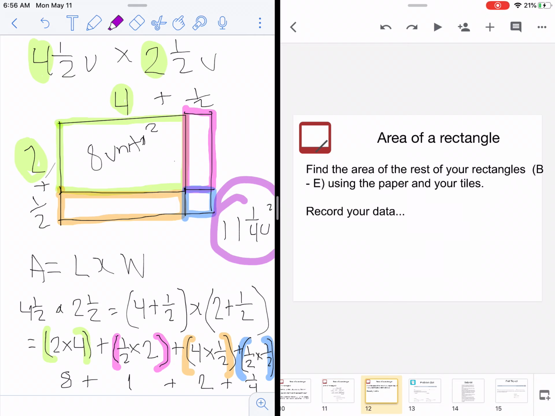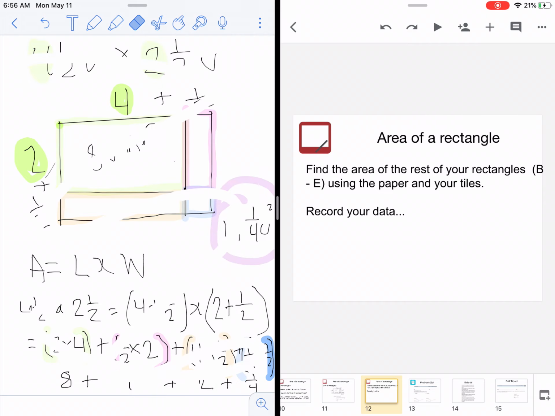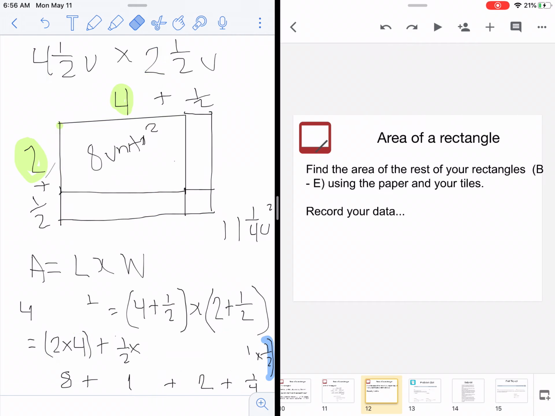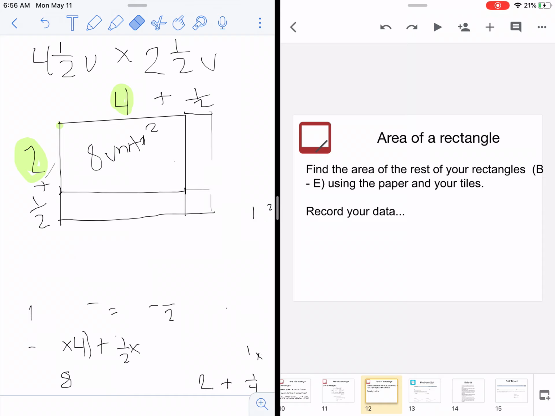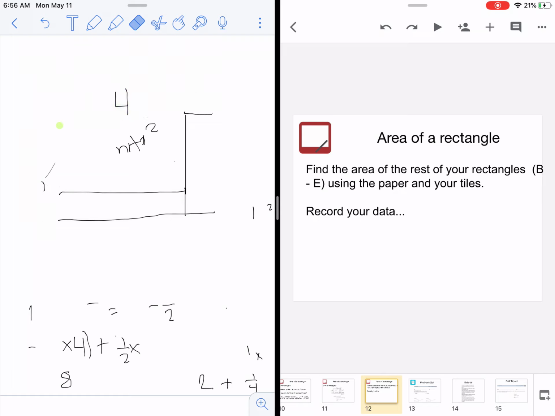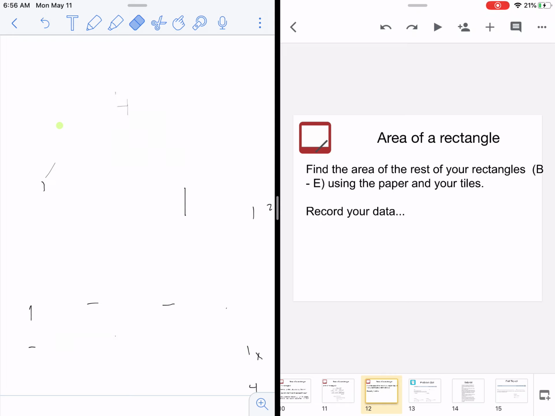Now what we're going to do is find the rest of the rectangles, B through E. We do not have paper tiles, so you guys are going to draw just like I did. So I'm going to do another one with you, and then I want you guys to do the last ones by yourself.